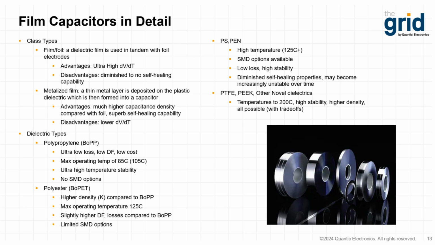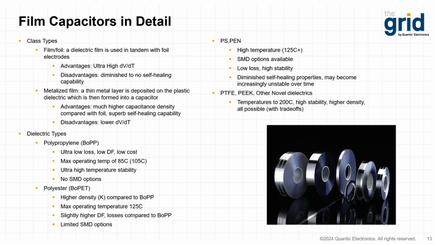Therefore, it's usually excluded in most high reliability applications. Polyester is another very popular choice dielectric. It has higher cap density, higher K value, at the expense of being slightly more lossy. But the higher melting point of the polymer and the inverse relationship between dissipation factor and temperature make it a great choice for high ripple current and high temperature, high reliability applications.